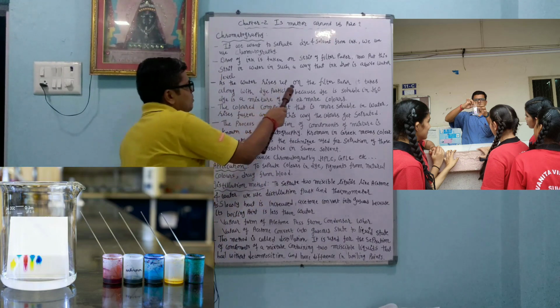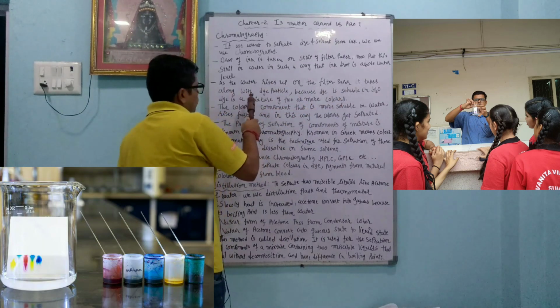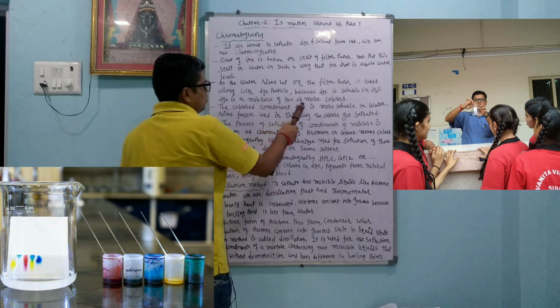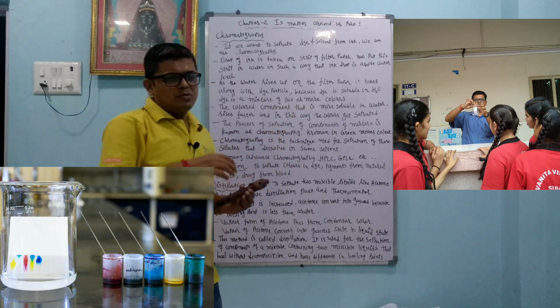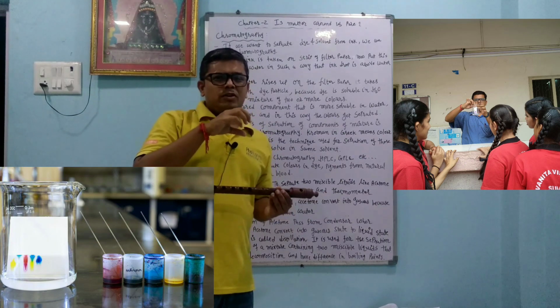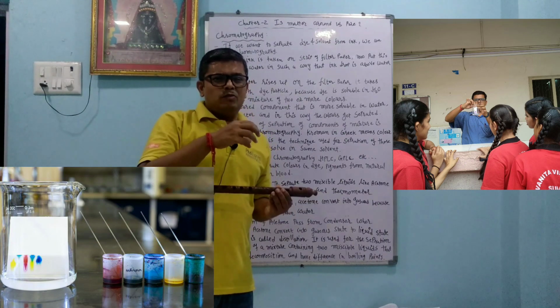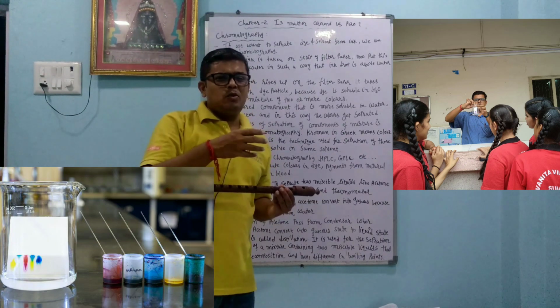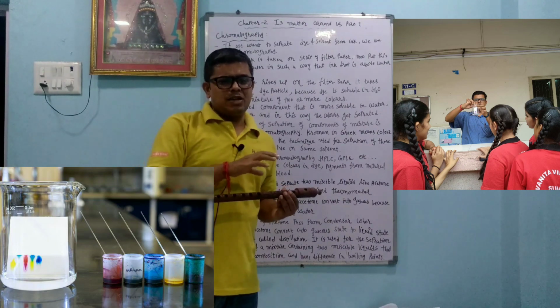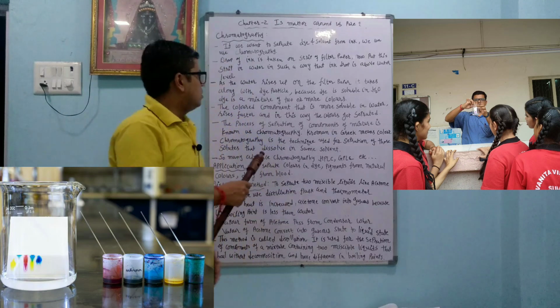As the water rises up on the filter paper, it takes along the dye particles, because dye is soluble in water. Dye is a mixture of two or more colors. As water rises up, it carries some components of the ink which are soluble in the water. The components which are more soluble in the water rise first. Like that we can separate the different components from the ink.